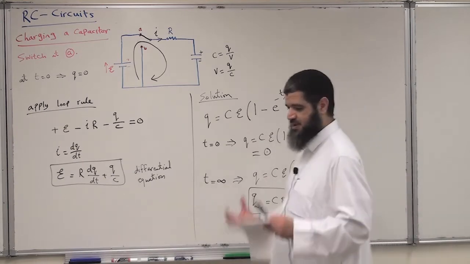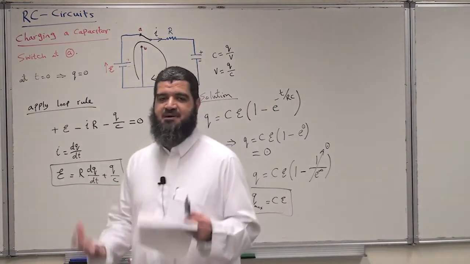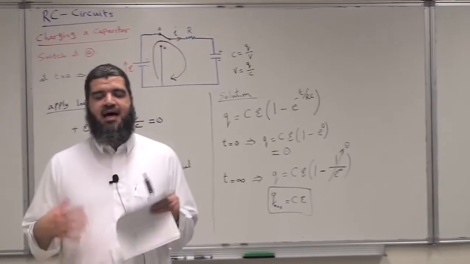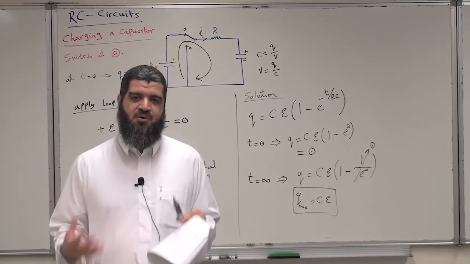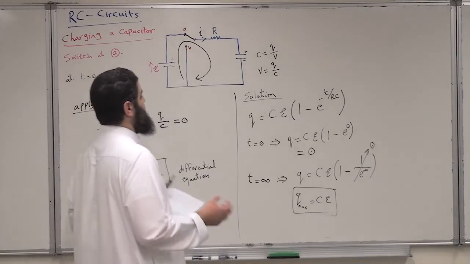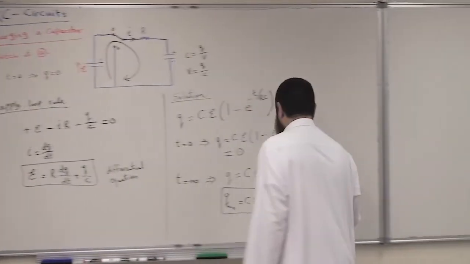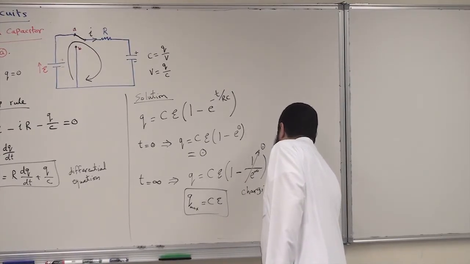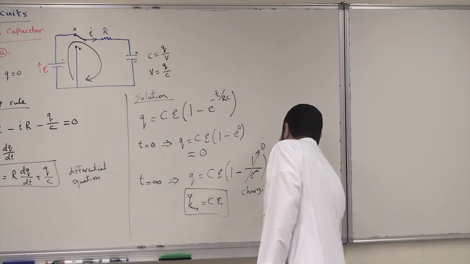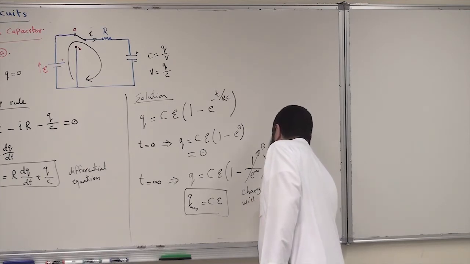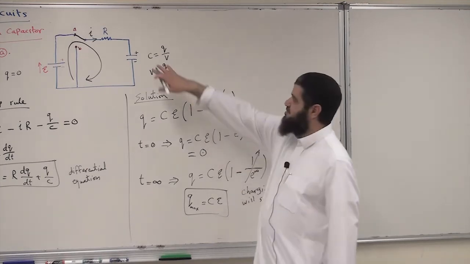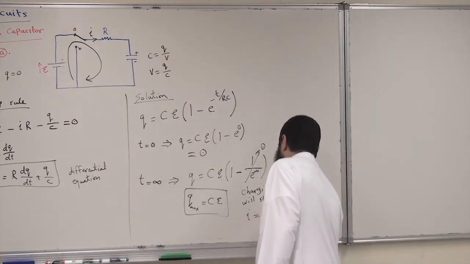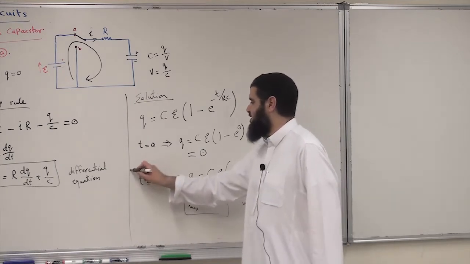What will happen when our capacitor reaches the maximum charge? No more charges will accumulate, and at that moment we'll say that there is no current passing through. So the charging process will stop, meaning that there is no movement of charges, and the current will be equal to 0 when the time is equal to infinity.